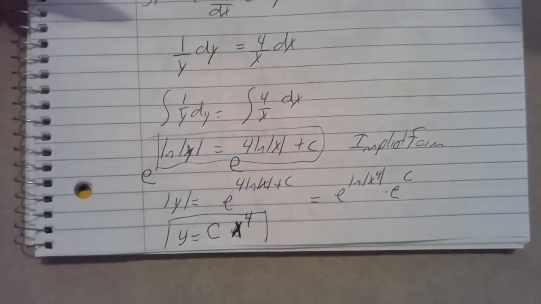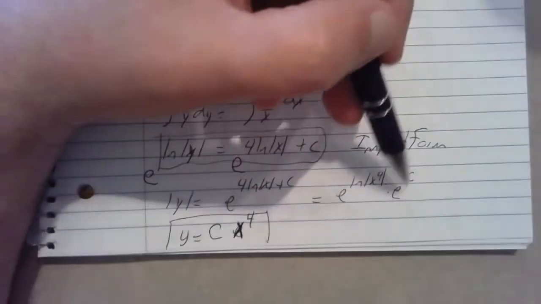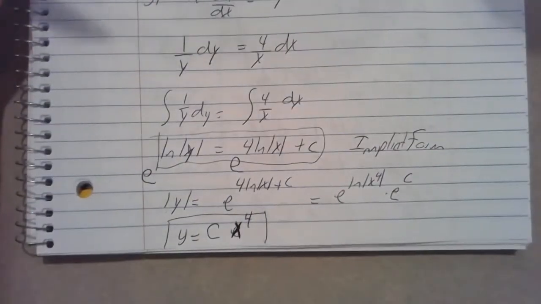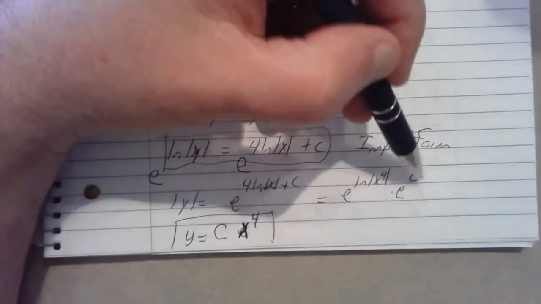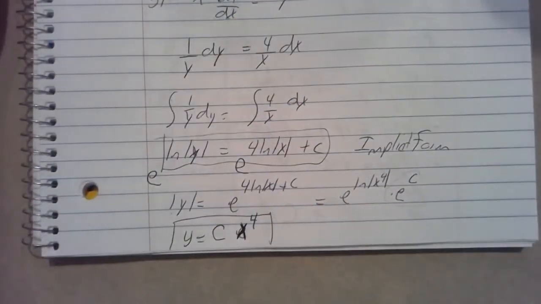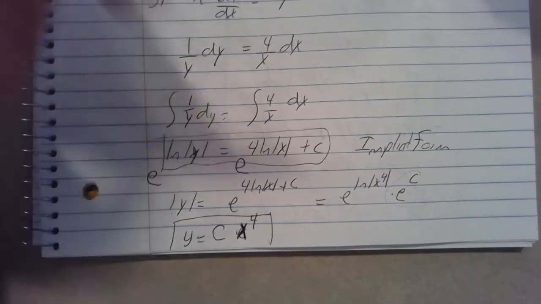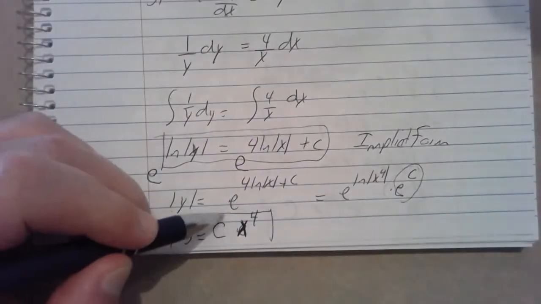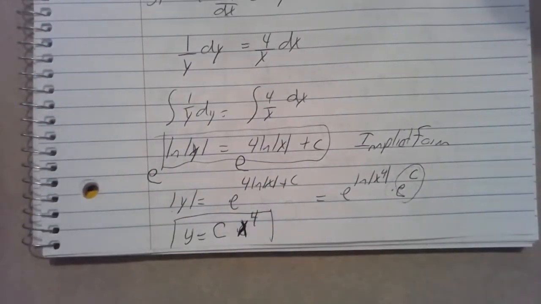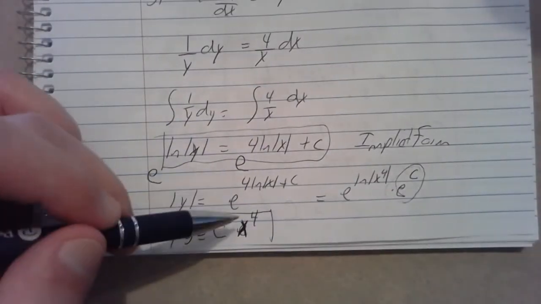It's our constant of integration. e to the C is just another constant. I could give it a new name, I could call it C2 or something, but it doesn't really matter. A constant's a constant. So I'm just going to absorb all that together into this constant. I called it capital C. I could have called it K or whatever.